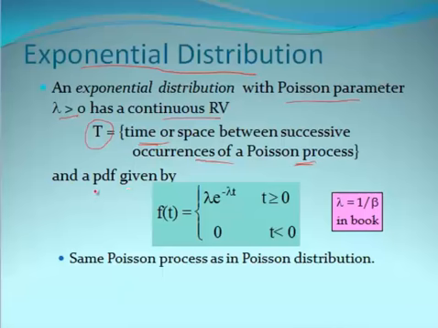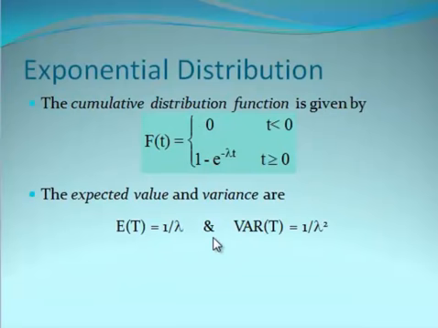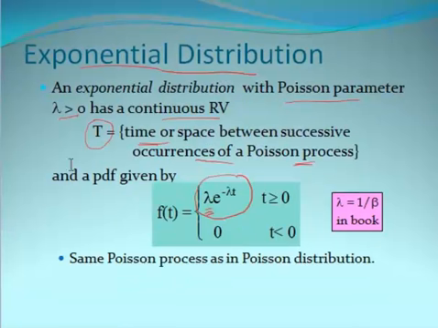We have a probability density function given by this. And why do we have that lambda in front of it? Simple, because if we don't, then when we integrate, it won't integrate to 1 over the entire range. It's the same Poisson process as in a Poisson distribution. Sometimes, depending on the book, lambda is equal to 1 over beta. So if you see beta or lambda, just be aware of that relationship between them.